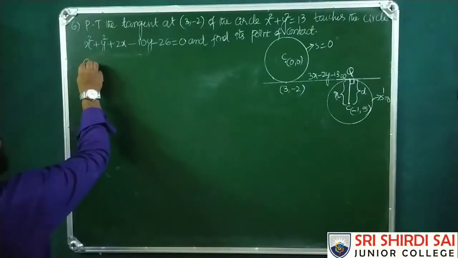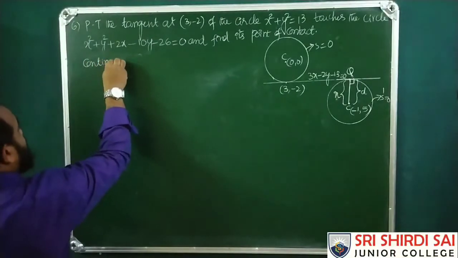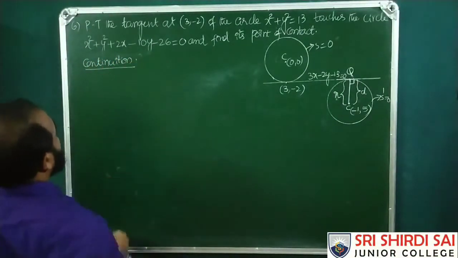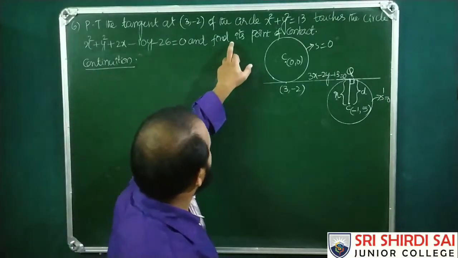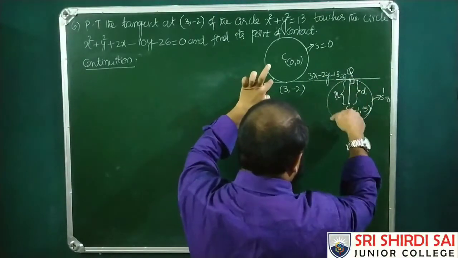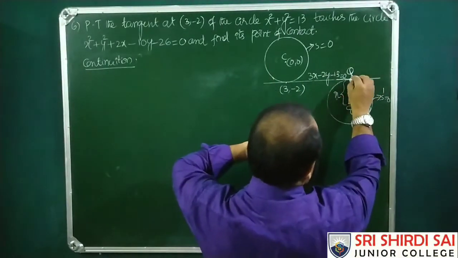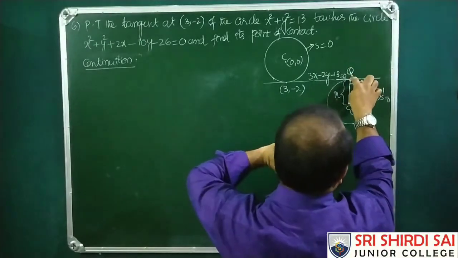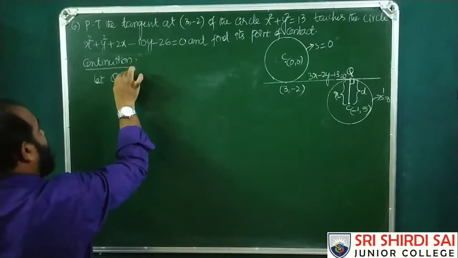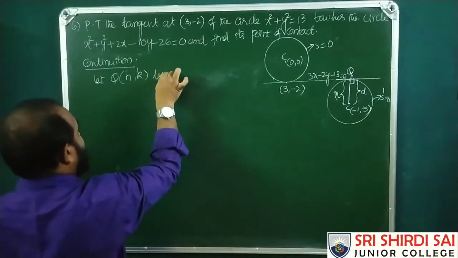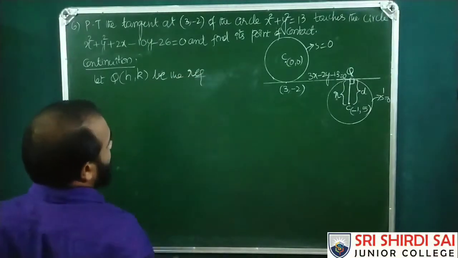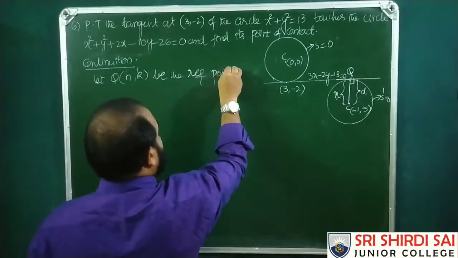Next, continuation. He is asking to find the point of contact. This line touches this circle at this point, so we need to find the point of contact. Let Q(h, k) be the required point of contact.